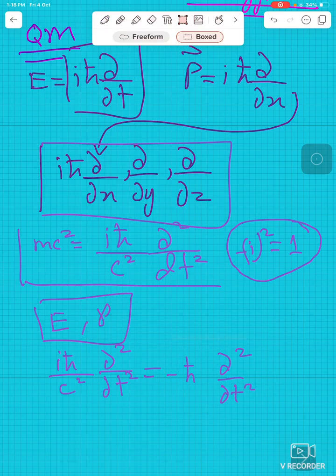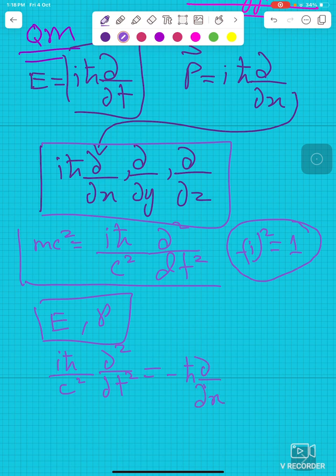And over here, let's remove this because it's the energy operator, not the momentum operator. d over dx, d over dy, d over dz.